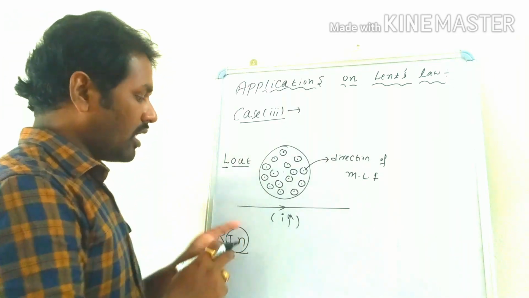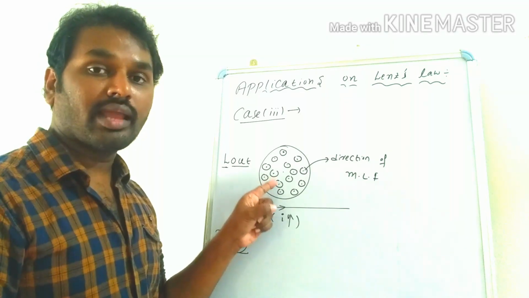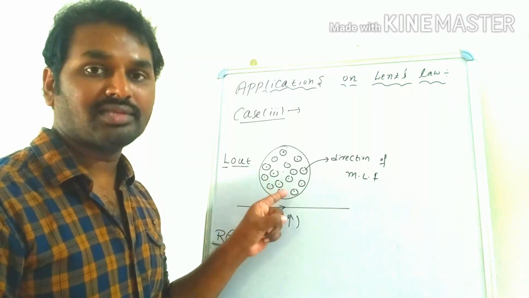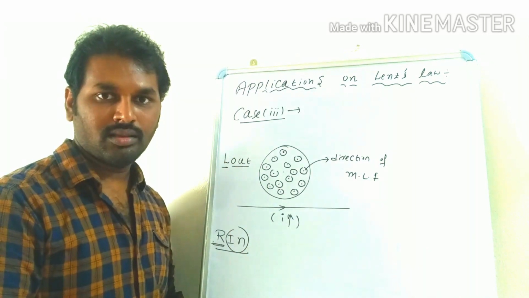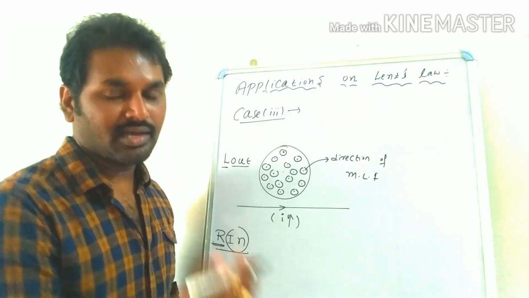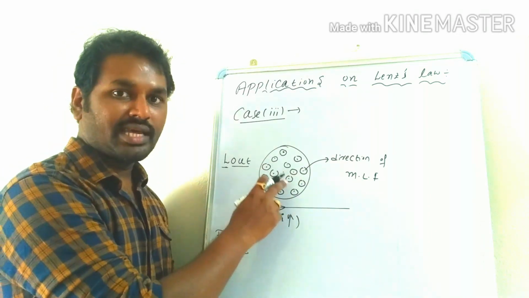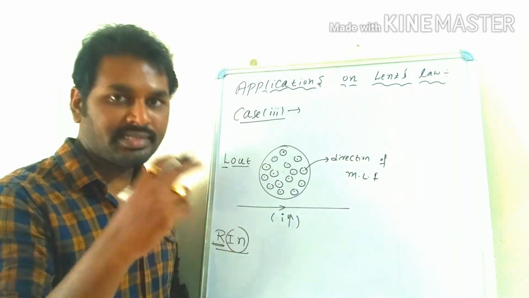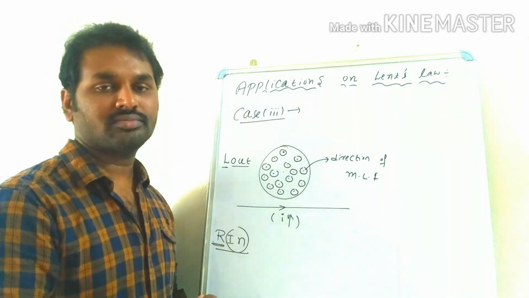So what will happen? As the current increases, this magnetic lines of force or magnetic flux also increases in the outward direction. And what is Lenz's law? The induced current will set in this coil in such a way to oppose the change.